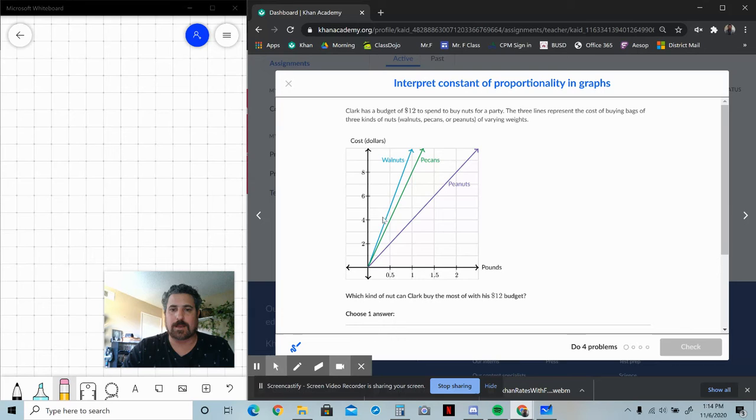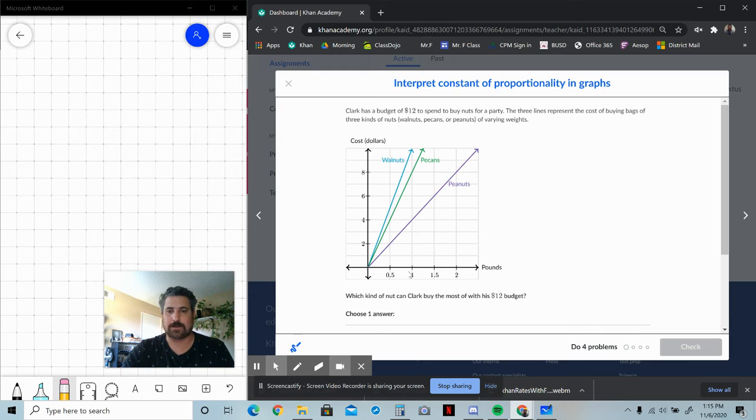So anytime you're looking at a graph and interpreting how it represents the constant of proportionality, just remember that a steeper line means that the constant of proportionality is higher, which means that the unit price or unit value is higher. Every unit is worth more. And the more gradual lines, that are not as steep, mean that your unit price is lower, which means that your ratio of y over x is lower.